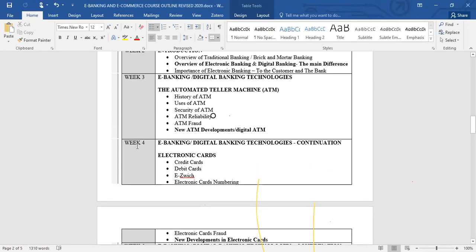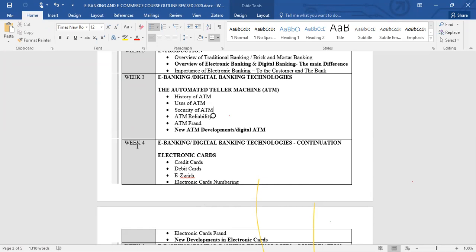Then we'll move on to week 4, and we'll still continue with the e-banking stroke digital banking technologies by looking at electronic cards. Electronic cards are one important technology that we cannot do without when we are talking about electronic banking or electronic commerce, because electronic cards play a key role in both.